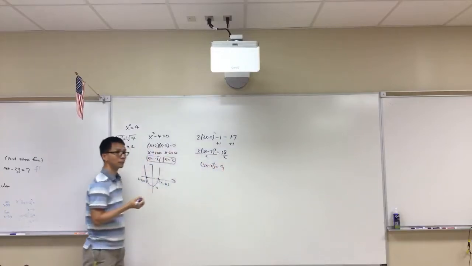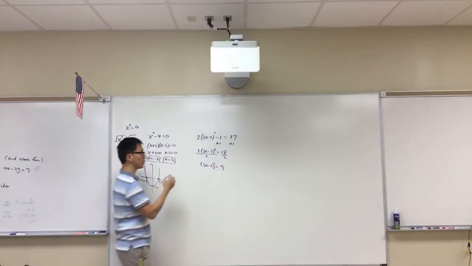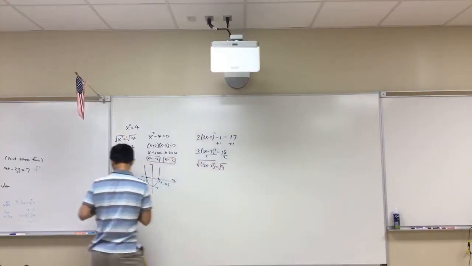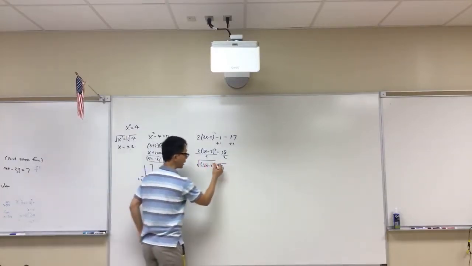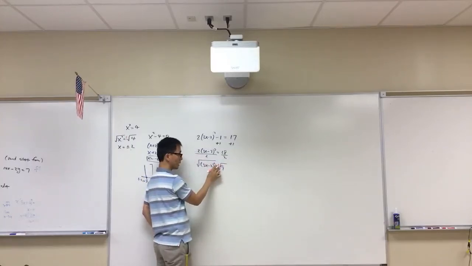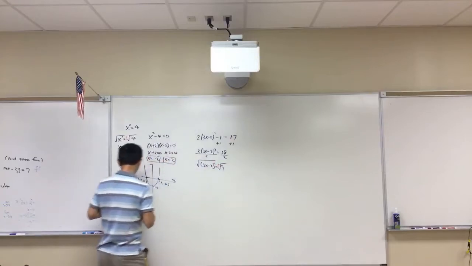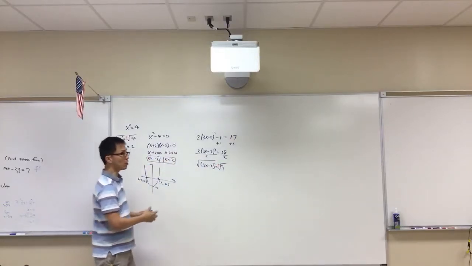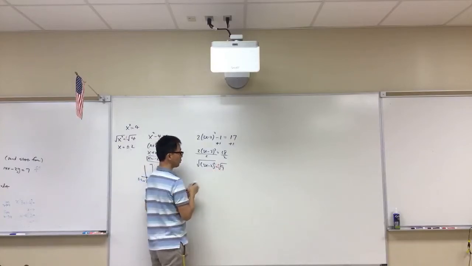So what do we do now? Square root both sides. But don't forget what? Plus minus. That's the part they usually forget about, the negative part, and if you're taking a test question like the SAT, they will only check the other one.